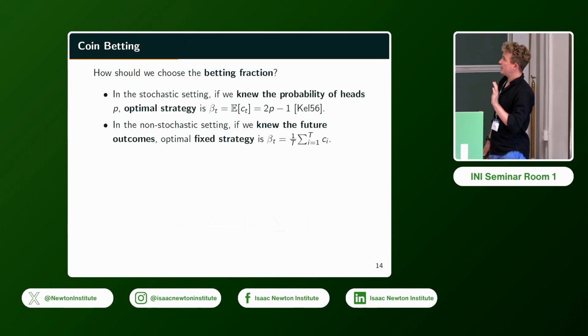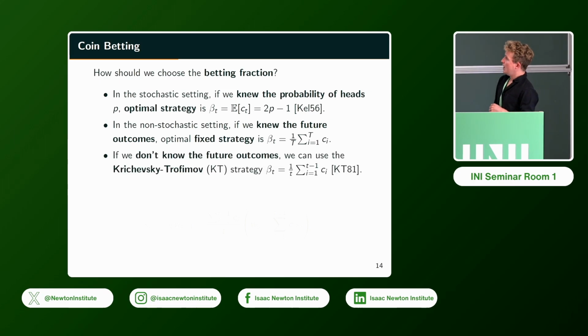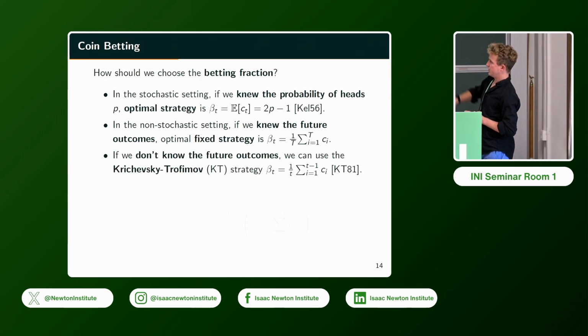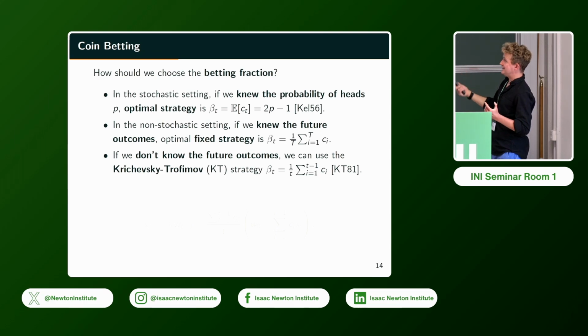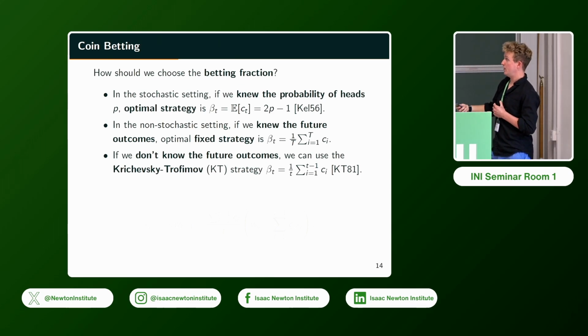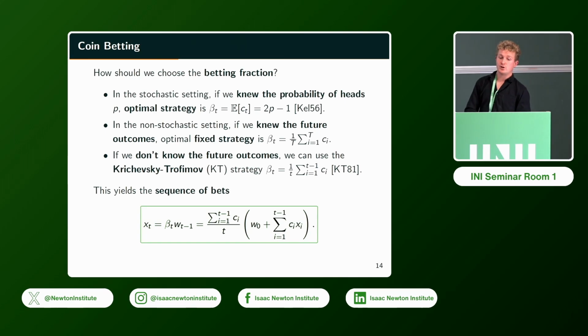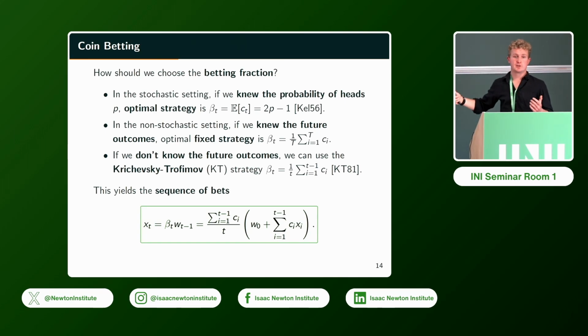Of course, this is a bit unrealistic because we're typically not going to know the future outcomes. So what if we don't know the future outcomes? In this case, we can use the KT strategy, the Krichevsky-Trofimov strategy. And that is given by this running average of the observations we've seen so far. Substituting this back into our update equation from before yields the following sequence of bets.